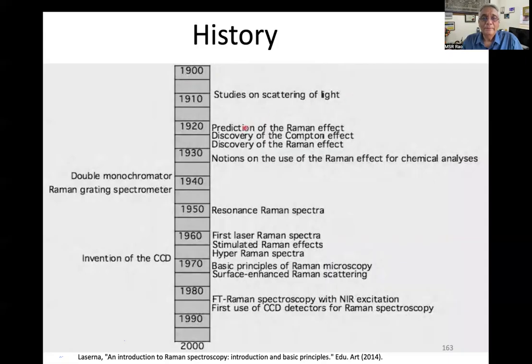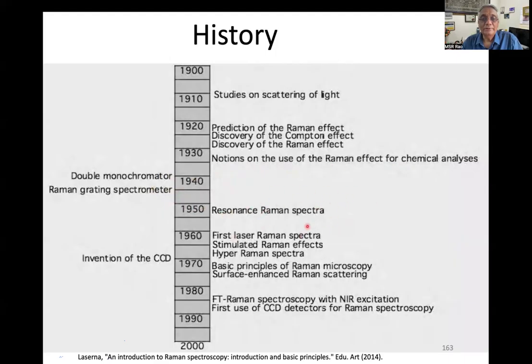And the prediction of the Raman effect came in 1920, and the discovery was announced at the end of the 20s. At the same time, the Compton effect discovery was announced, and then the notions on the use of the Raman effect for chemical analysis were announced. And the double monochromator Raman grating spectrometer was invented, and the resonance Raman spectrometer came into being.